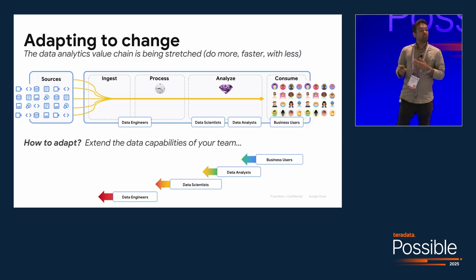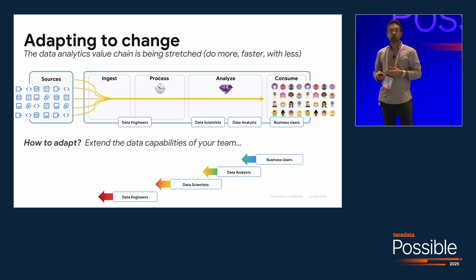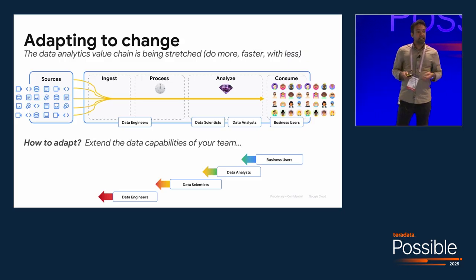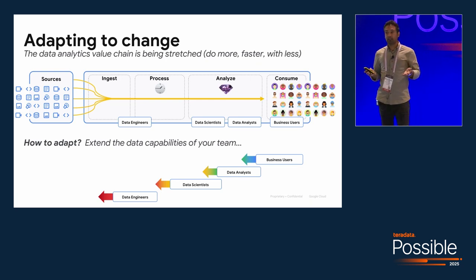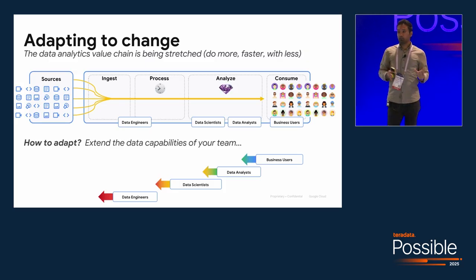Business users who might or might not be technical can use a self-serve manner to analyze insights in the data without any engineering help or data analyst help. That's the North Star where we want to get to.